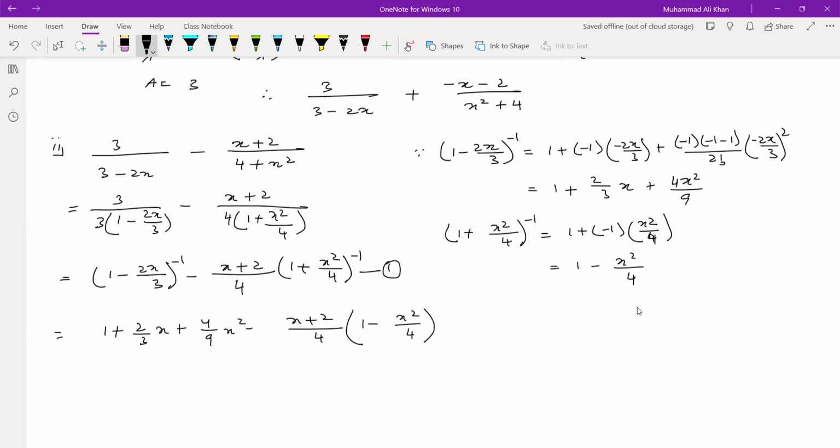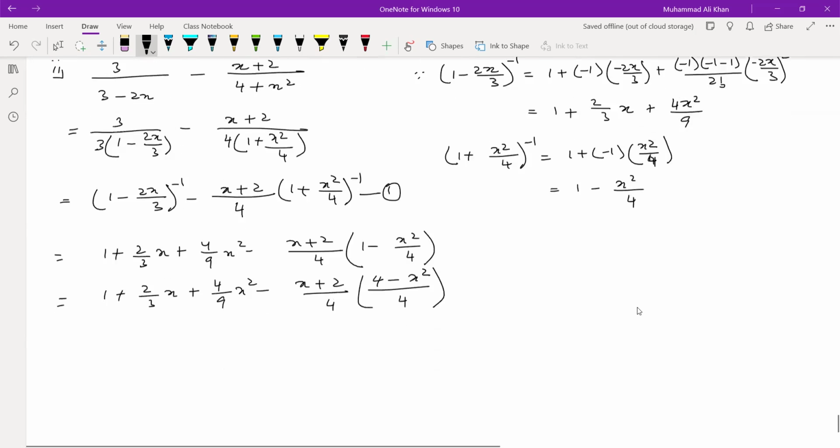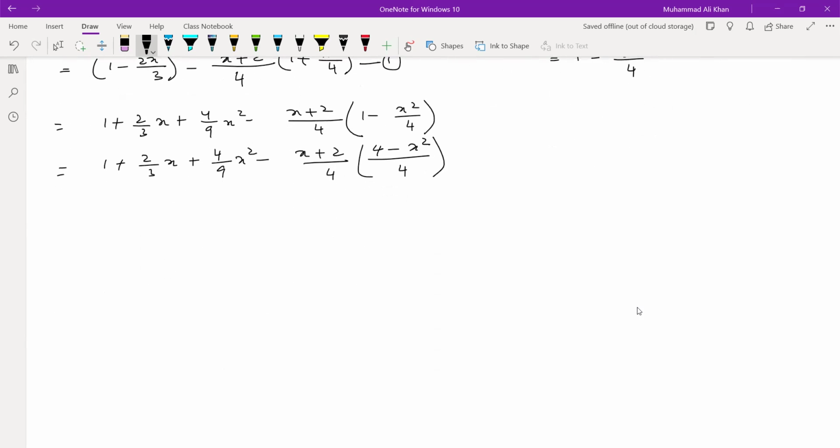यहाँ पर कंफ्यूज होता है स्टूडेंट्स के हाउ टू सॉल्व. आप लोग देखिएगा कैसे सॉल्व करना है इसको. Plus 4 over 9x squared minus x plus 2 over 4. Take LCM in the bracket. So it will be 4 minus x square over 4. And after that, 1 plus 2 over 3x plus 4 over 9x squared minus, multiply कीजिए.